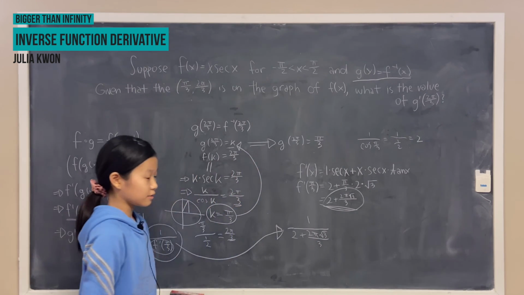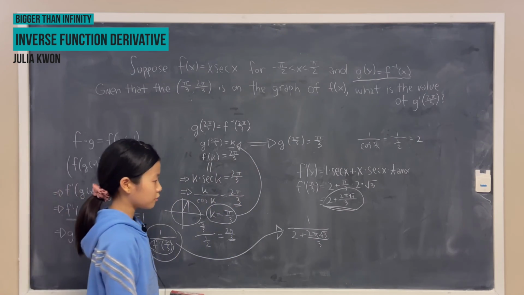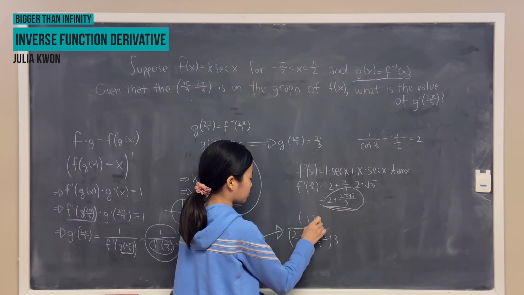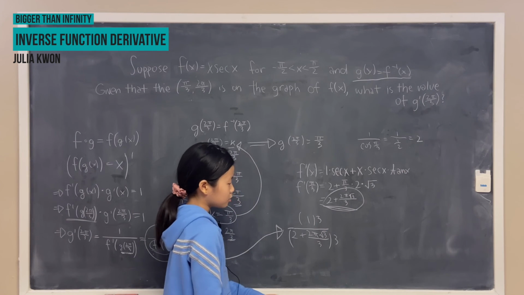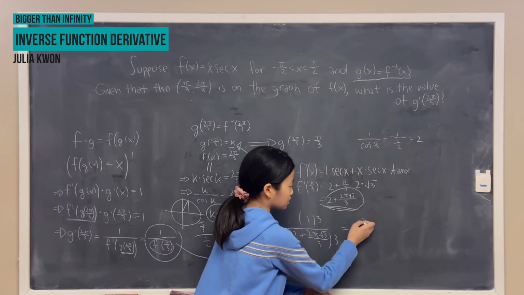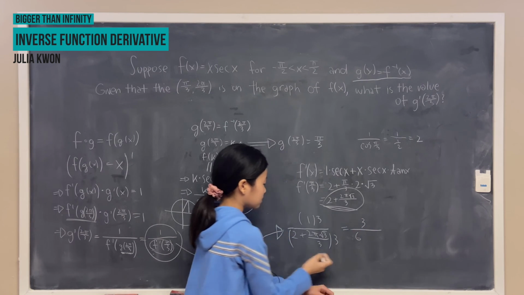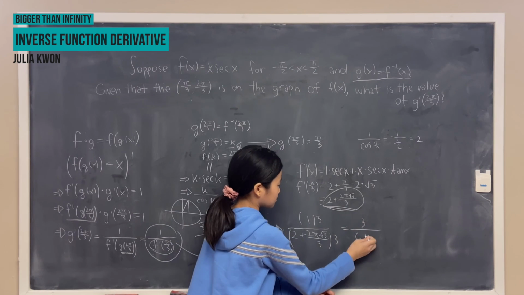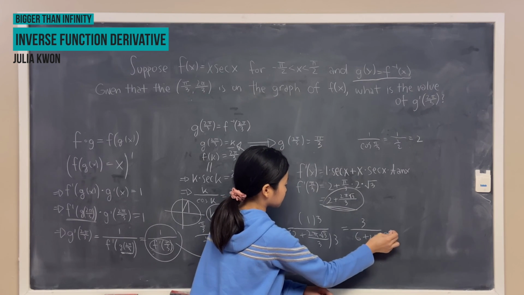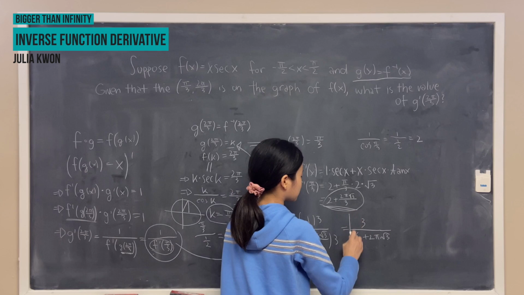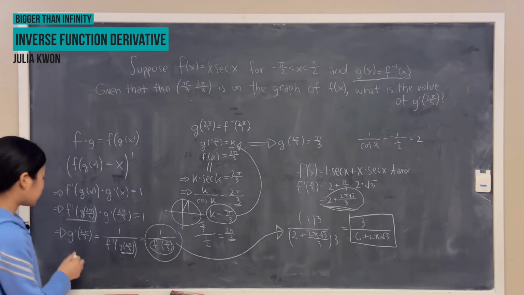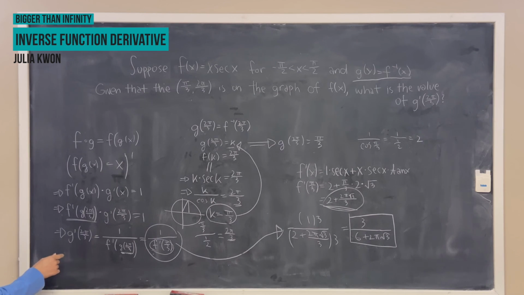You can just leave the answer like this, but you can simplify it more by multiplying 3 on top and bottom of this fraction, which then gives the answer as 3 over 6 plus 2 pi times square root of 3. And so that will be your answer for g prime of 2 pi over 3.